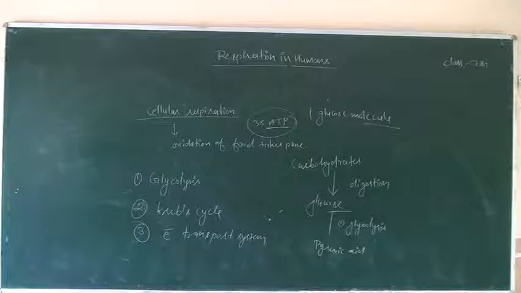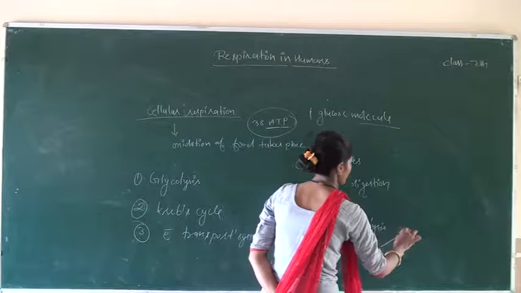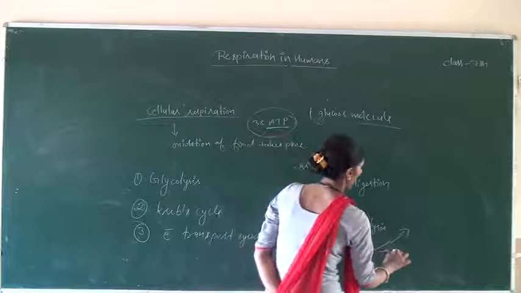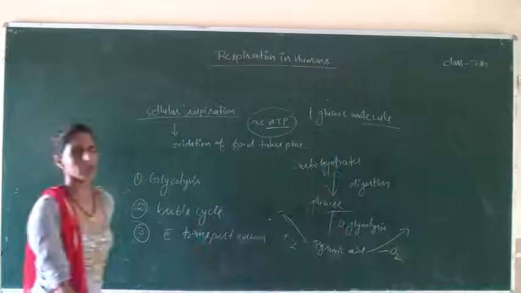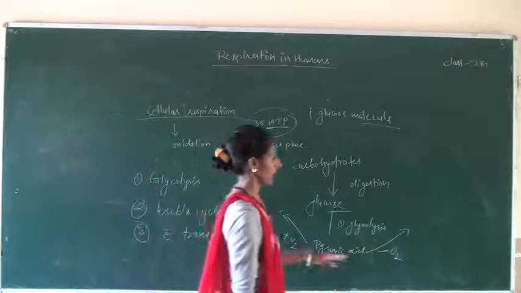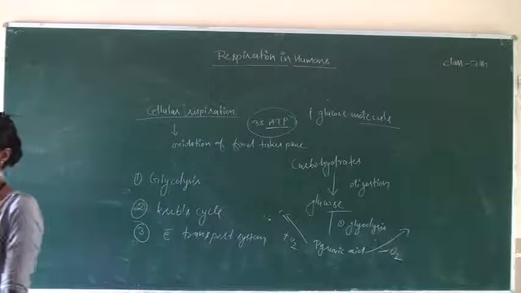After that, the process continues in the presence of oxygen or in the absence of oxygen. In the presence of oxygen, that is aerobic respiration, and in the absence of oxygen, that is anaerobic respiration.